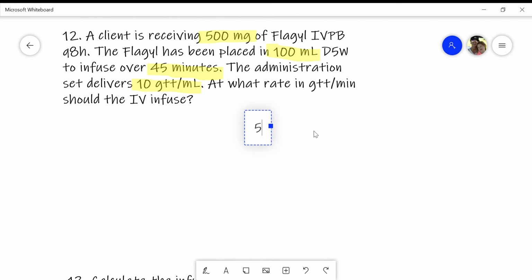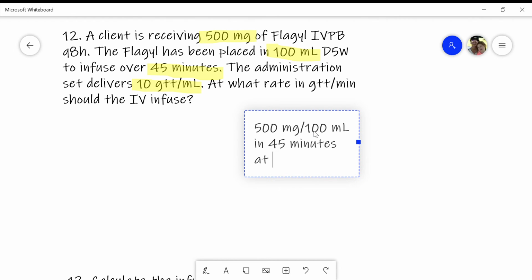We've got 500 milligrams and 100 milliliters in 45 minutes at 10 GTT a milliliter.